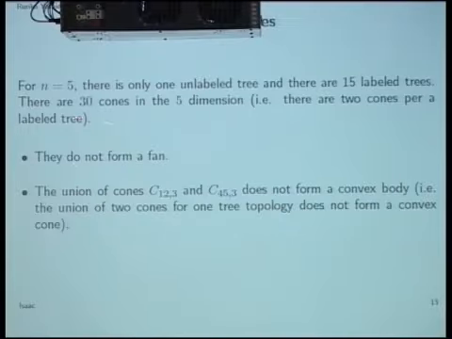Those cones do not form a really nice fan, which means they don't intersect nicely. And also the union of the cones: for cone 1, 2, 3, I pick 1, 2 first and 4, 5 later. And for the cone 4, 5, I pick 4, 5 first and 1, 2 second.